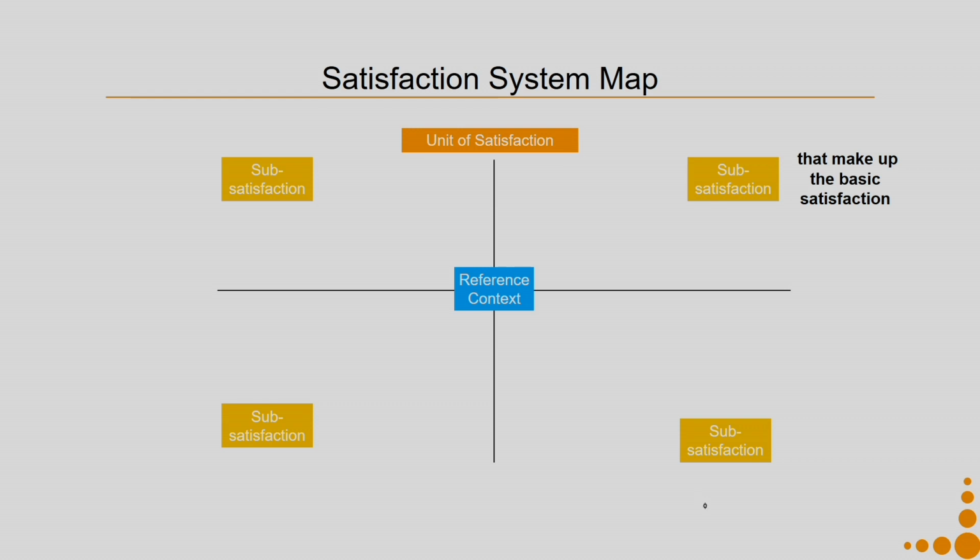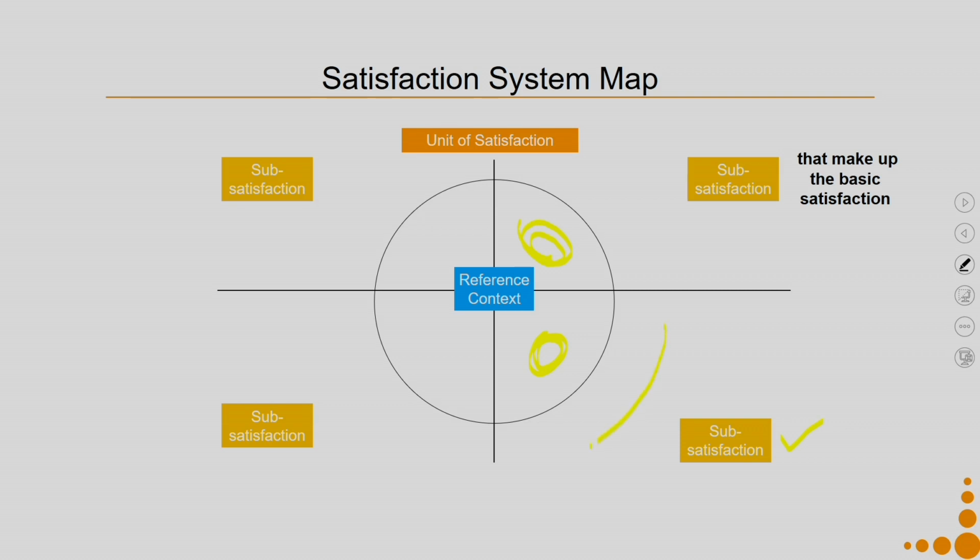Then you have the reference context, and you place a circle inside it. In this part of the circle, I will put all those actors which are specifically present for the sub-satisfaction over here. In this section I will put all those actors which are specifically for this particular sub-satisfaction and so on.